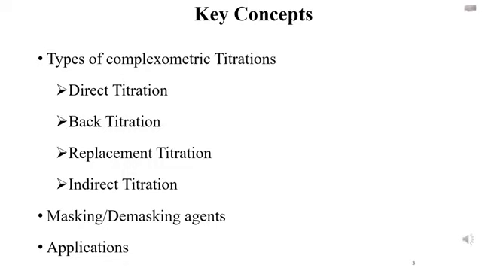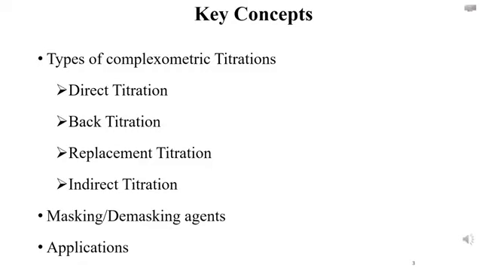Then we discuss the principle of complexometric titration, and here we said that these calcium or magnesium ions that are present in water, or if we are doing this in lab, then we can prepare the solution of these calcium salts or magnesium salts, and here indicator is used, that is EBT, Eriochrome Black T. It forms unstable complex with those metal ions, and when we add EDTA from the burette, this indicator is replaced by EDTA, then the metal ions and chelating agent, that is EDTA, complexes form, and EBT will be in free form.